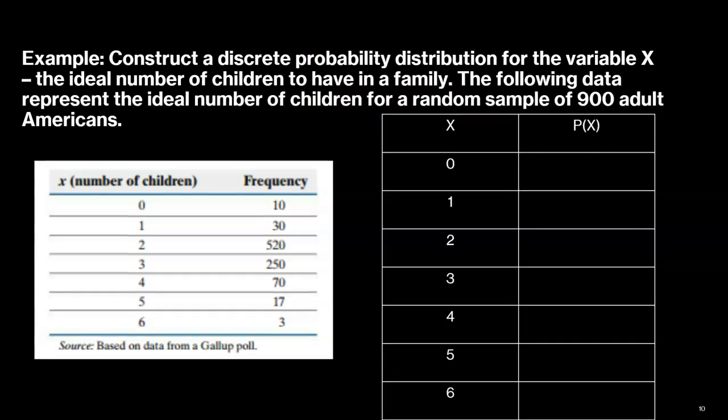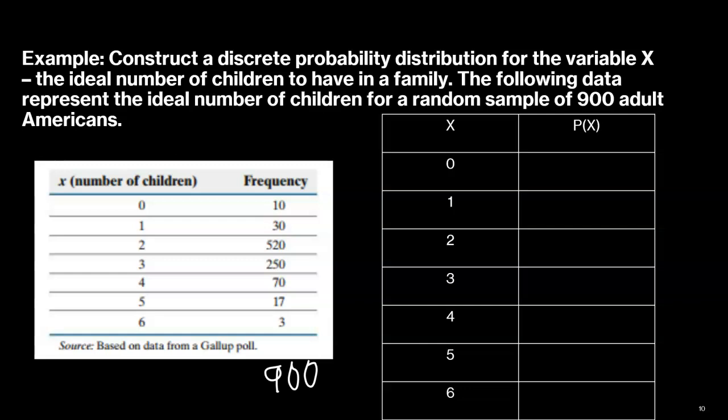Now what I need to do is calculate the probability of each. In order to do that, I first need to know the total number, which is basically the total number of adults surveyed, 900. So when I add all of these up, they should add to 900. Remember, to calculate the probability, you do the number of each one divided by the total number.